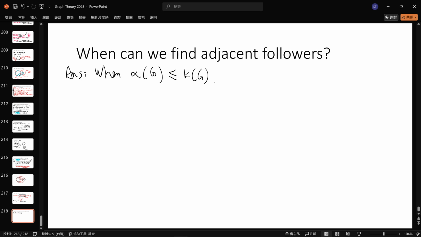So we will consider this set S. S is the set of K followers and some vertex in H. Okay?